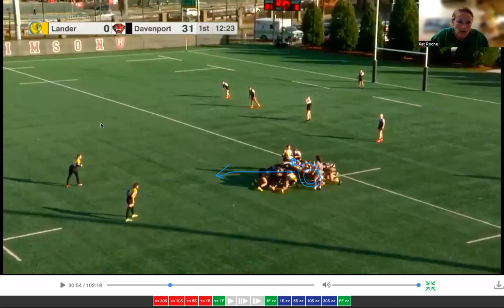If it were, for example, this side of the scrum being dominant, the scrum would be going that way. So that's why we like to reward scrums that go straight, because scrums that go straight mean it's equally your two props, your entire front row going straight. But when the scrum's going back towards the blue arrow, it means that person is dominating.